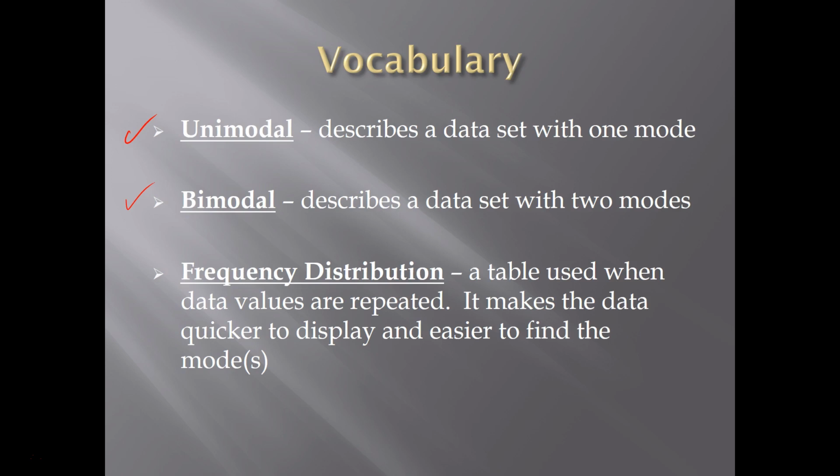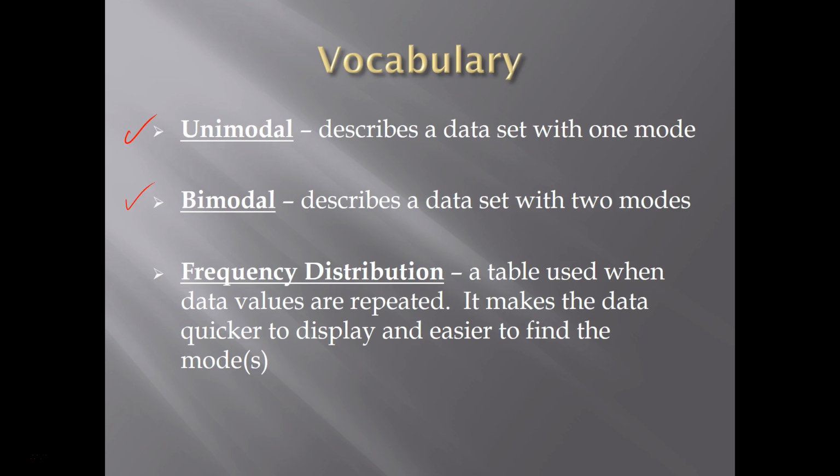And I think the number of days in a month that shows up the most is 31, so that's unimodal. Now, if there was an equal number of months with 31 days and 30 days, let's say 5 months had 31 days and 5 months had 30 days, then you would have 2 modes, 2 most often. So that would be bimodal.